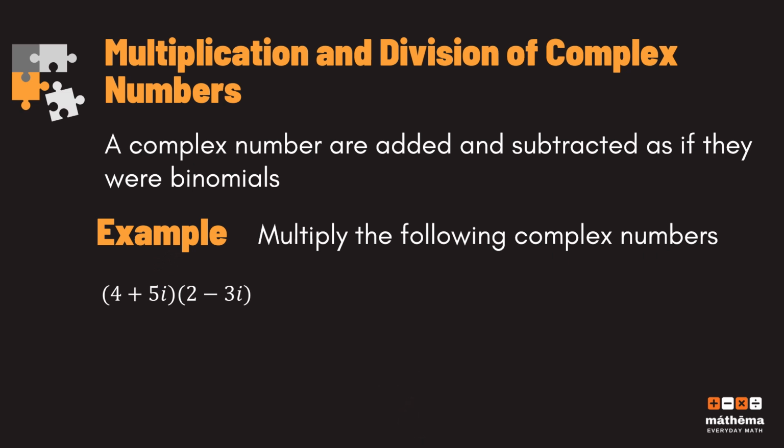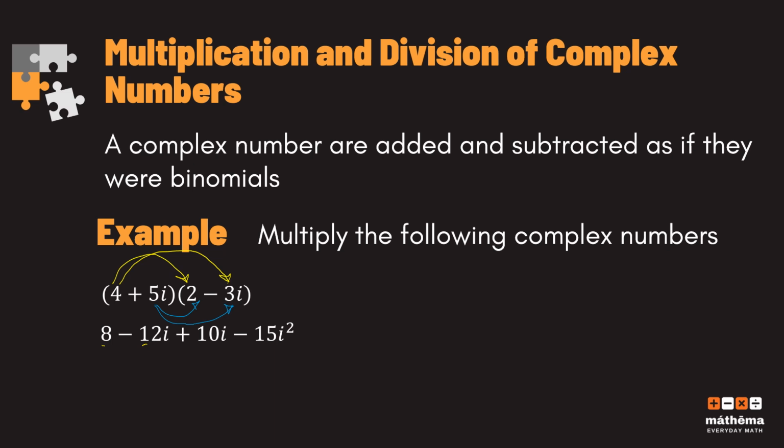So we are going to multiply 4 times 2. That will give us 8. 4 times negative 3i will give you a negative 12i. And then we have 5i times 2 will give you 10i. And then 5i times negative 3i will give you negative 15i squared.